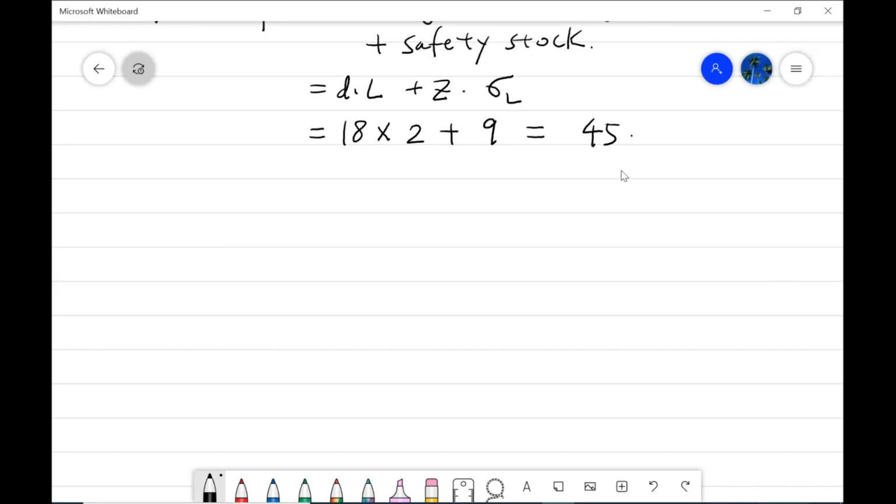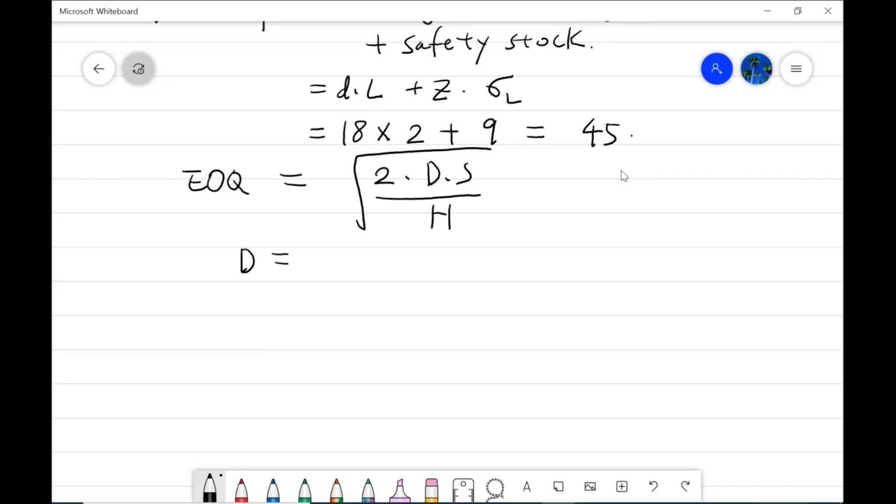Next, how much to order, that is EOQ, just the classic EOQ formula: the square root of 2DS divided by H. So here, the annual demand is just the average weekly demand, 18, multiplied by how many weeks we have in a year, about 52 weeks. So there is 936.